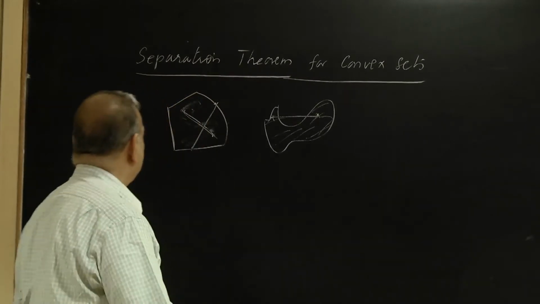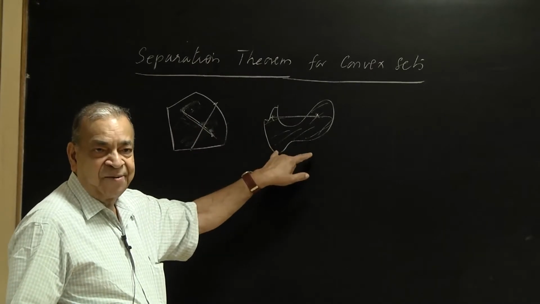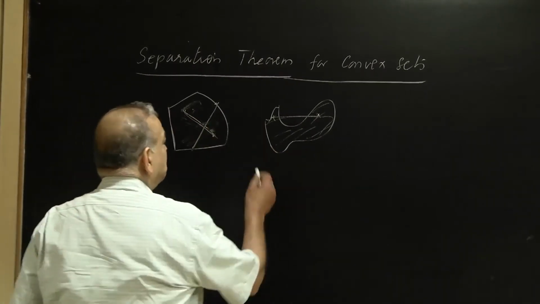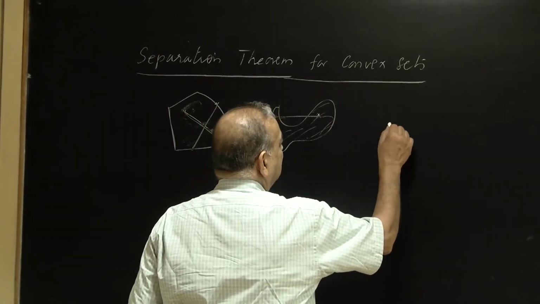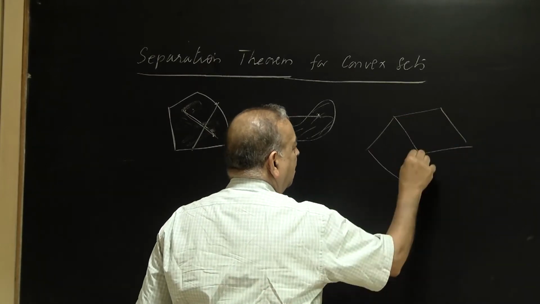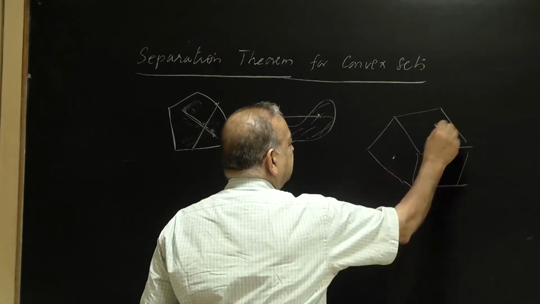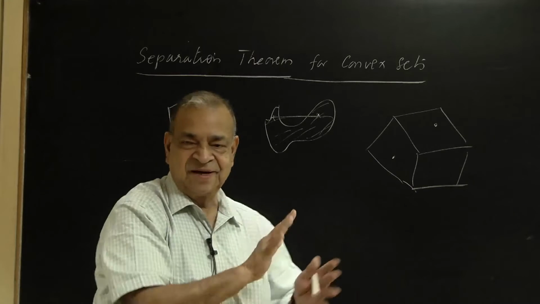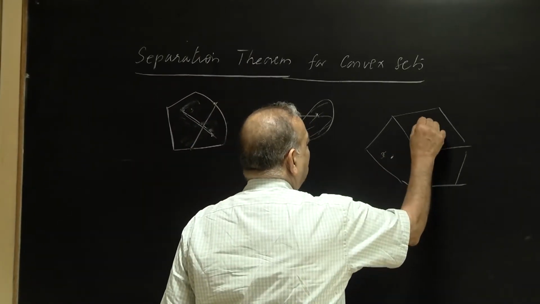You don't need more than that, but you need to write it down algebraically. While geometrically you can see, algebraically you need to write it down. Suppose you think of this piece of stone in 3 dimensions, and you choose 2 points x, y.